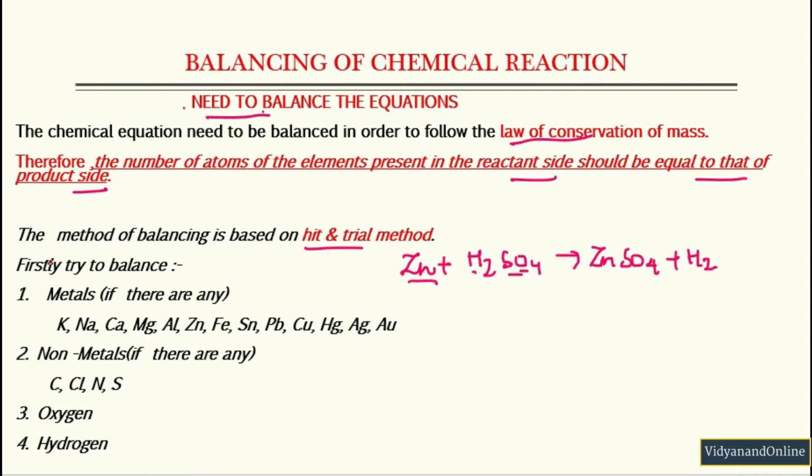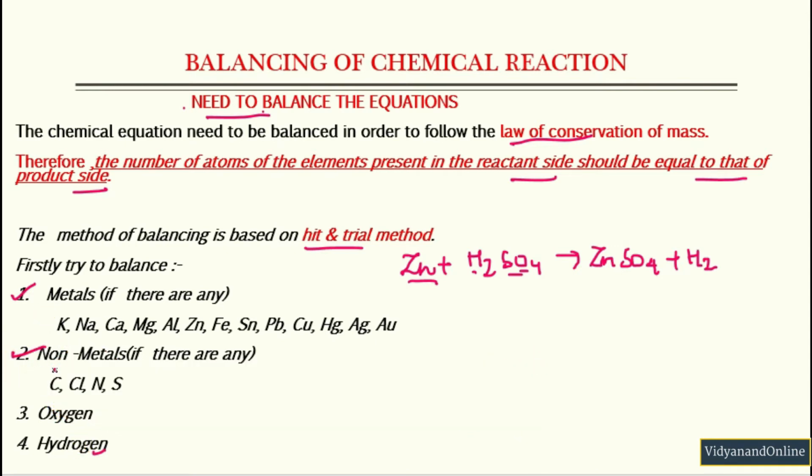In order to do that, I have written certain points here. First of all, try to balance the metals. The metals are K, Na, Ca, Mg, Al, Zn, Fe, Sn, Pb, H (which I have cancelled out here because I am mentioning it separately), Cu, Hg, Ag, Au. If you don't know about the sequence, then please go through the concept classes.